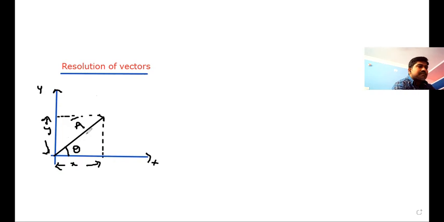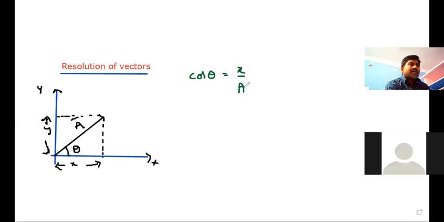So what will be the formula for cos theta? Cos theta is adjacent side by hypotenuse. Adjacent side will be x only here. Hypotenuse means the total vector, whose magnitude is a. So cos theta equal to x by a.